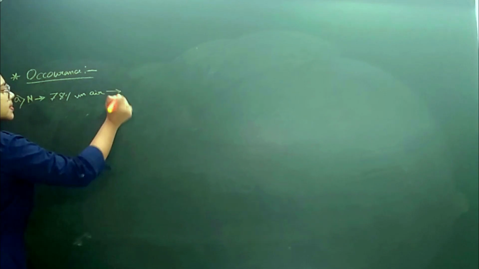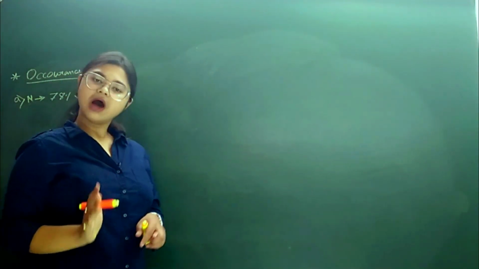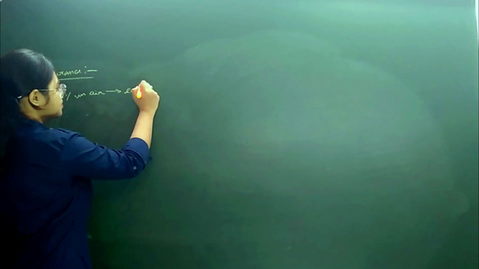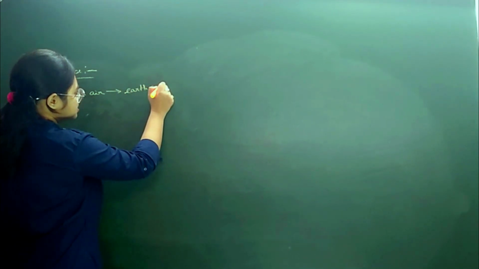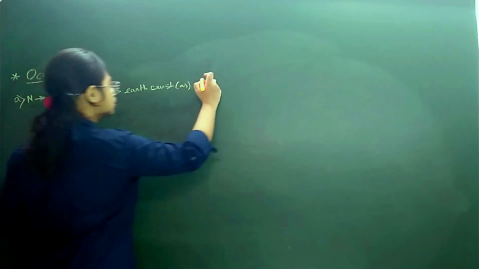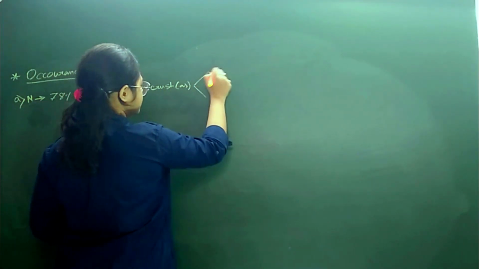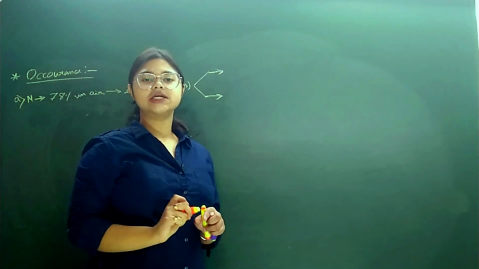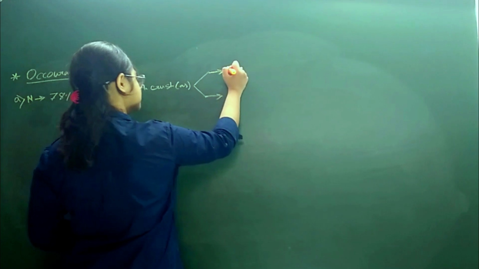Second, it is also found in the earth crust as two types of compound. One is the Chile saltpeter and another is the Indian saltpeter.